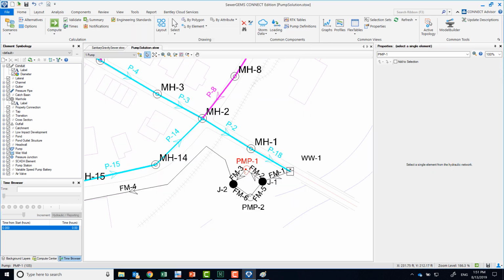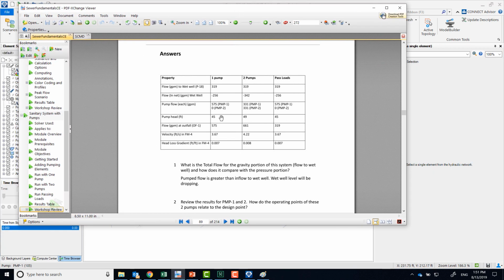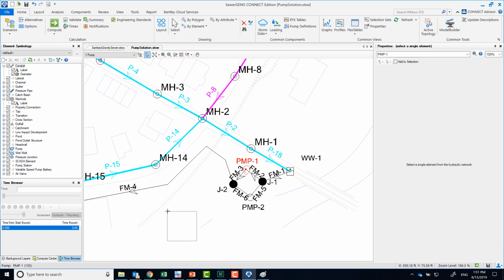And I'm not going to keep this curve. I will go back here and show you. All right, so that's where we get our pump head and flow at that operating point, again, that intersection of those two lines. And then we also get to see what is the velocity in the force main 4 and what's the head loss gradient.